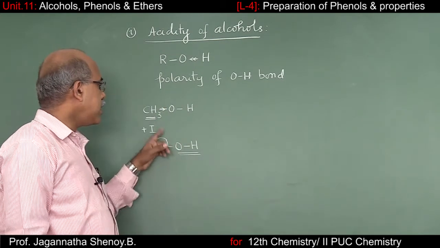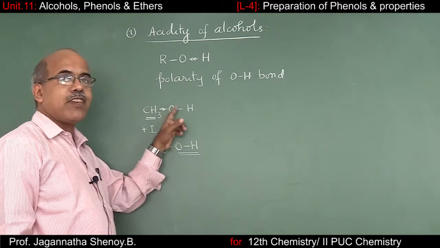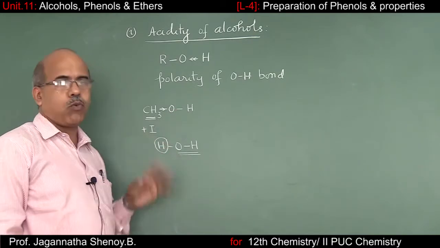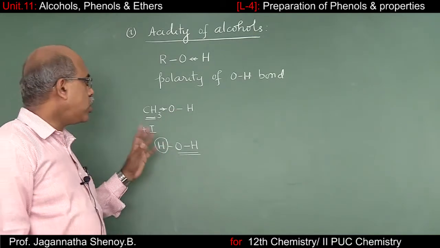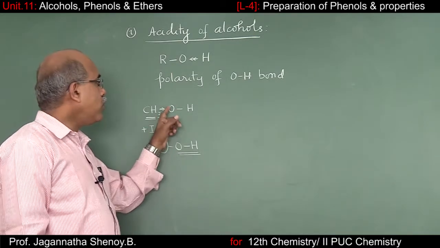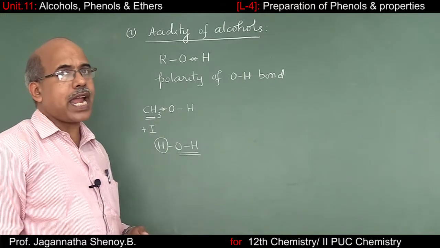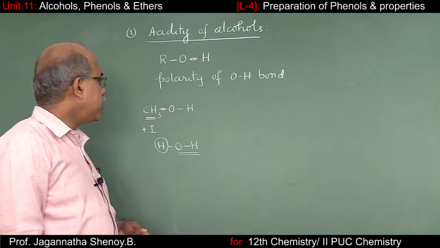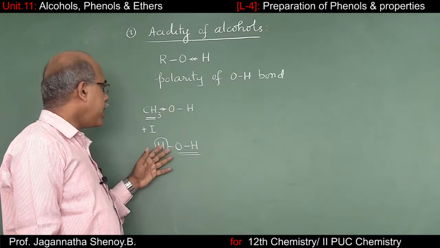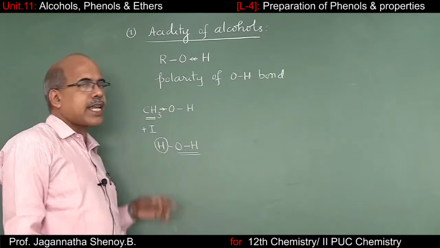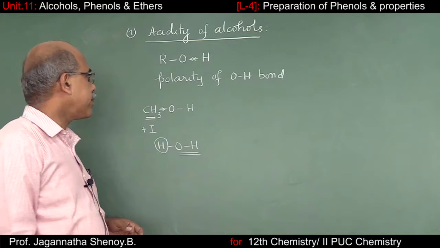It's for this reason that methanol is a weaker acid compared to water. In short, anything that reduces the polarity of the OH bond tends to make it less and less acidic. So, the first point is methanol is a weaker acid compared to water.